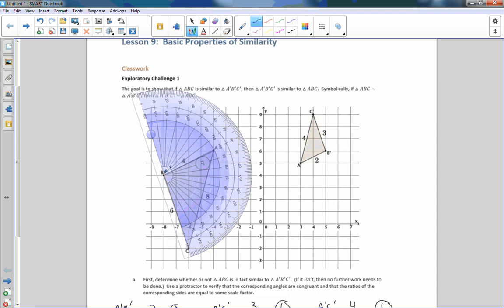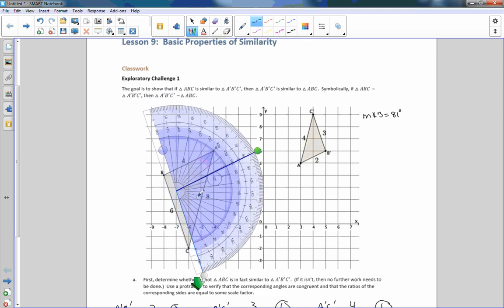So I'm checking the measure of angle B right now, and when I do that, then I want to move this over so it's going through A, and it looks like it's about 81 degrees. So I'm going to write that over here. The measure of angle B equals 81 degrees.